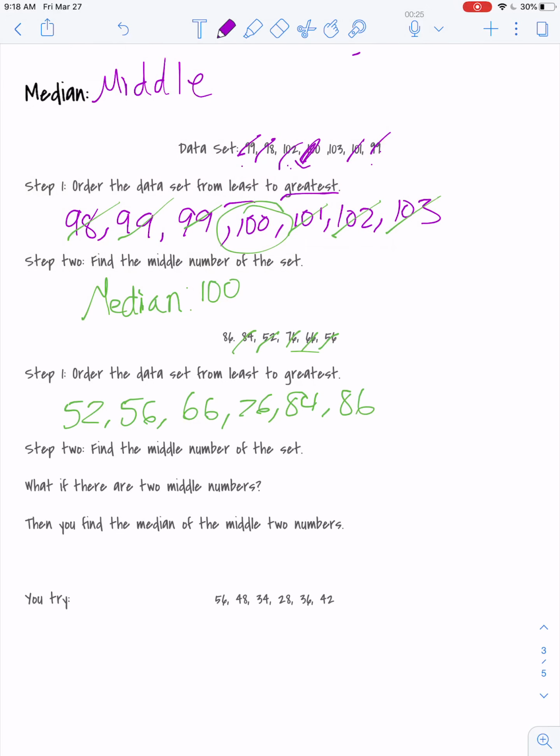We have two numbers in the middle. So if there's two numbers in the middle, we need to find the average or the mean.